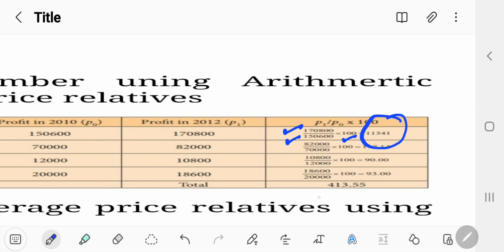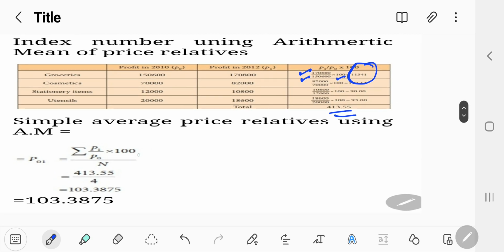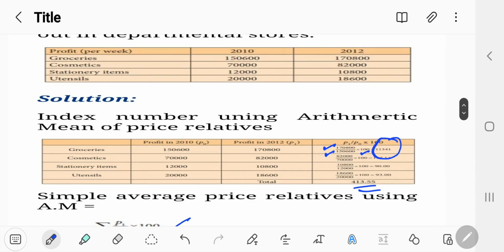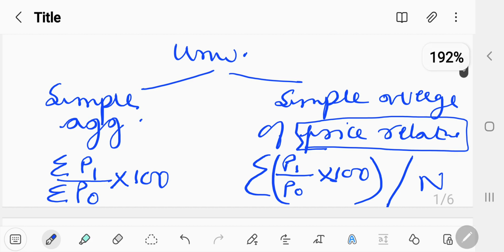This is index number of each commodity, which is known as price relative. I add all the price relatives and then divide by the number of commodities.